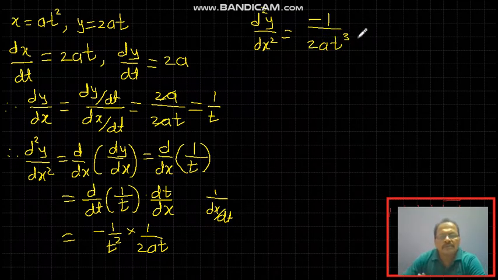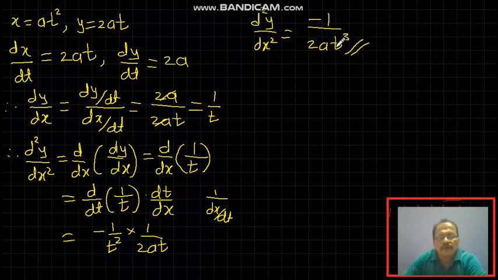Now the answer is sufficient up to this step only, but sometimes in the problem itself there may be some different question. The answer may be in terms of x and y, it may be in terms of y only.